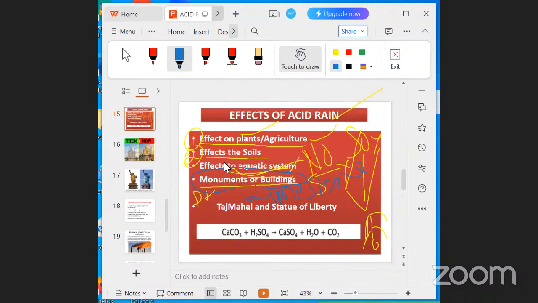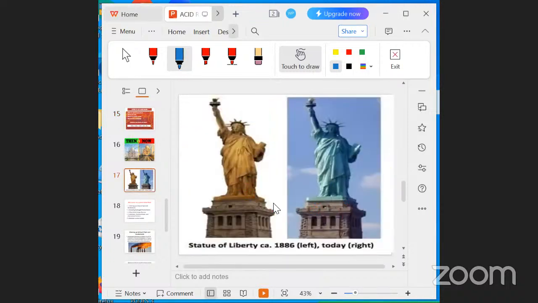So this is the equation of this Taj Mahal and Statue of Liberty equation, right? And also the Statue of Liberty. So Statue of Liberty, which is made of which one? Anybody? Copper, okay?